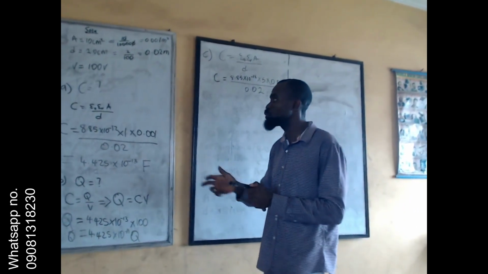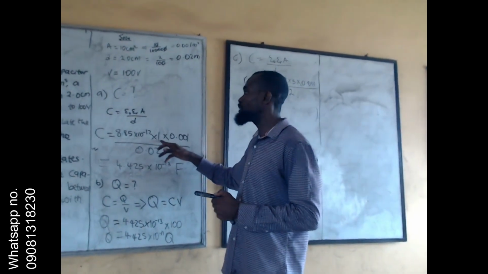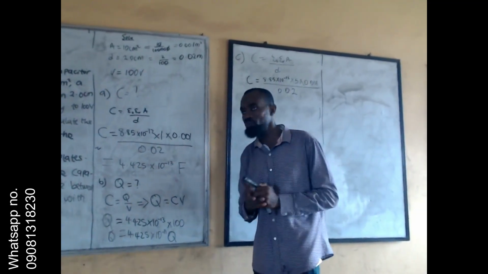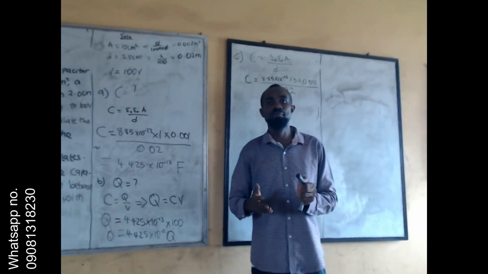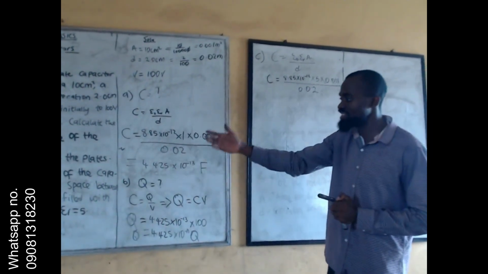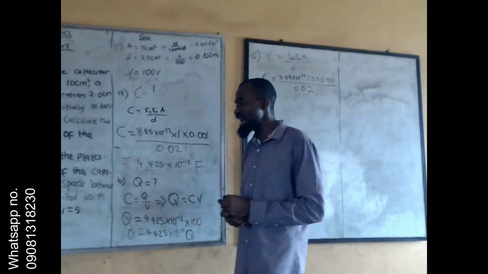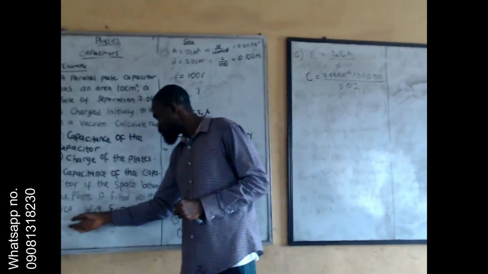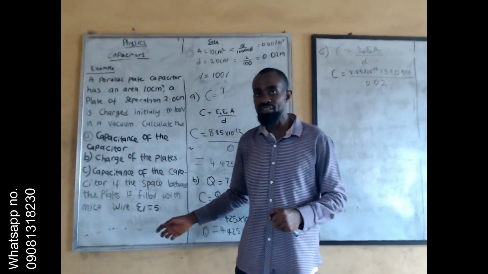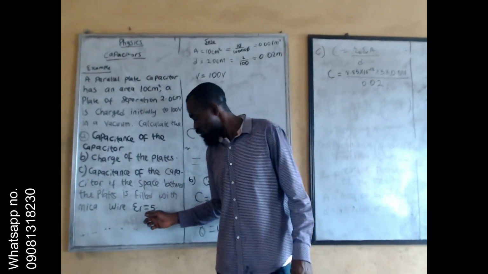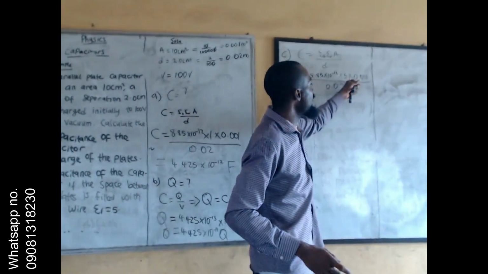Please don't get confused. In the A part we used epsilon r as 1 because no material was placed between the plates. But in the C part, we are told mica is placed between the plates and the relative permittivity is 5, and that's why we have 5 here.